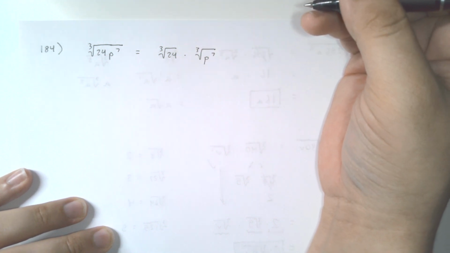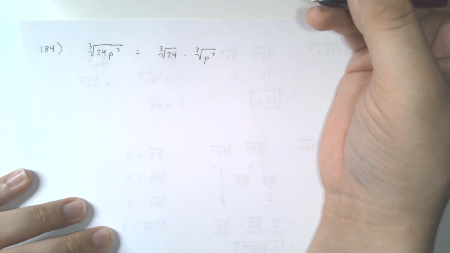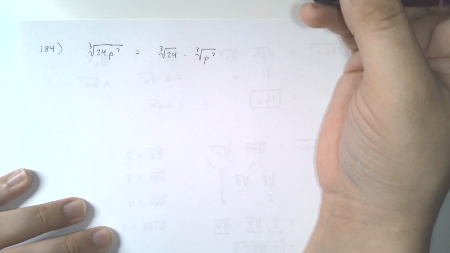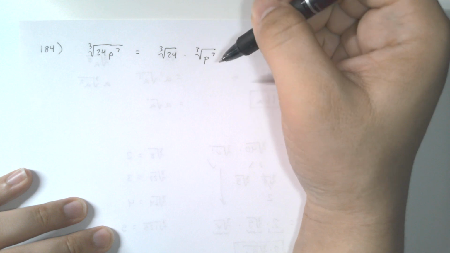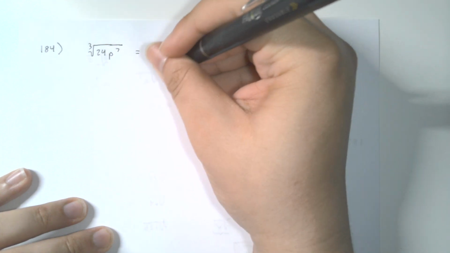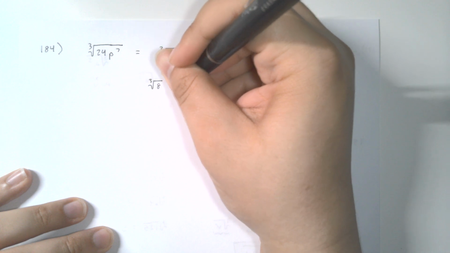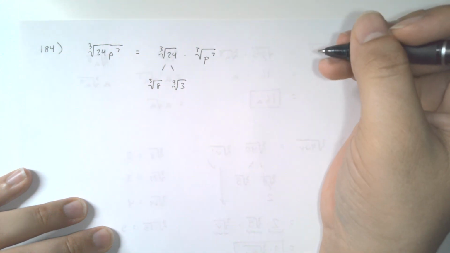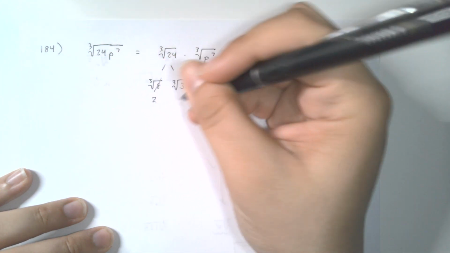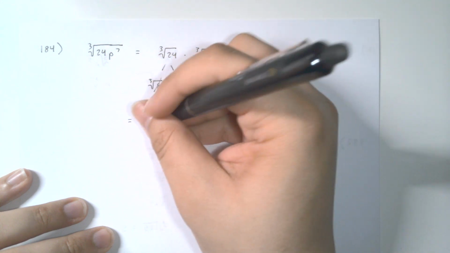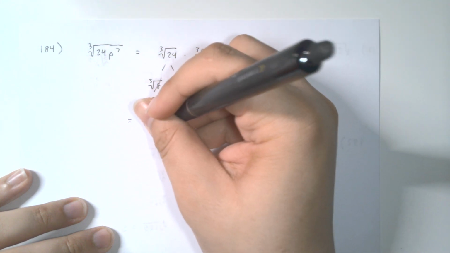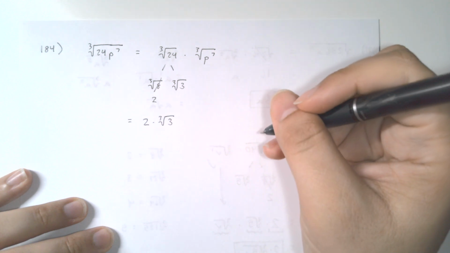Remember, our perfect cubes, we have 8, we have 27. So the only number that we need to check is, is 24 divisible by 8? And it is. We have the cube root of 8 times the cube root of 3. And the cube root of 8 is 2. So we have 2 times the cube root of 3.